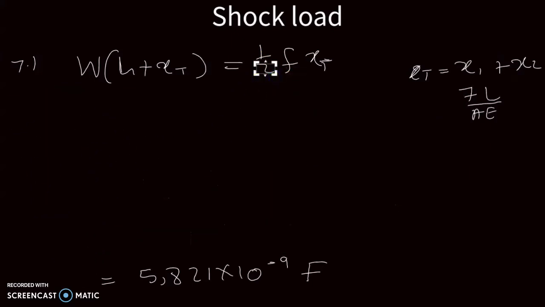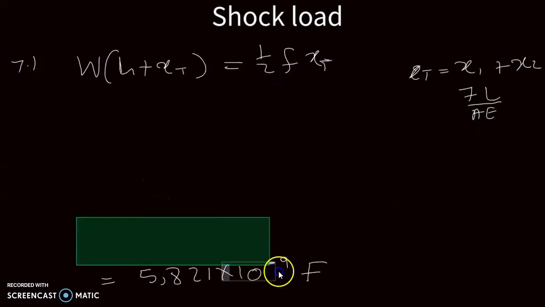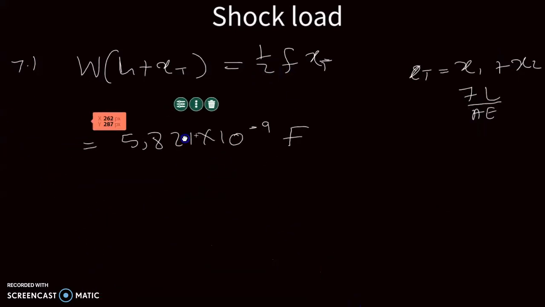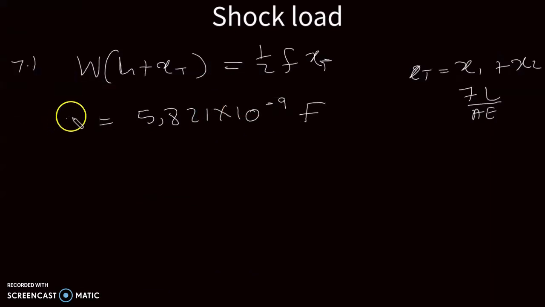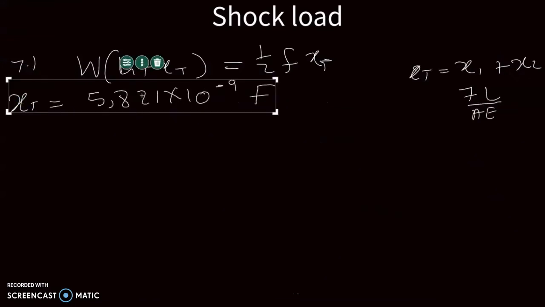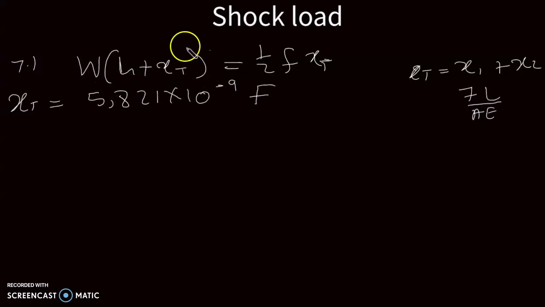Now we have the value for the total extension. We come back to this equation. I want to take this W to the other side.